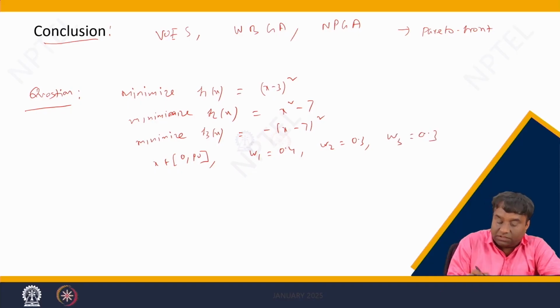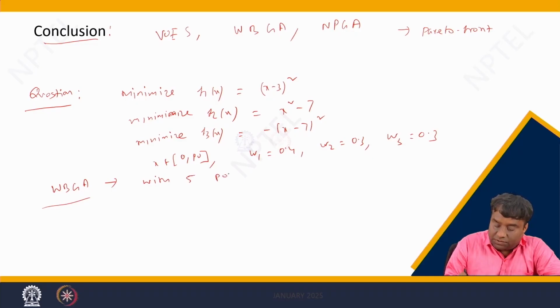Solve this using WBGA. Start with 5 individuals in the population. You can take x equal to 1, x equal to 2, x equal to 3, x equal to 7, and x equal to 9.